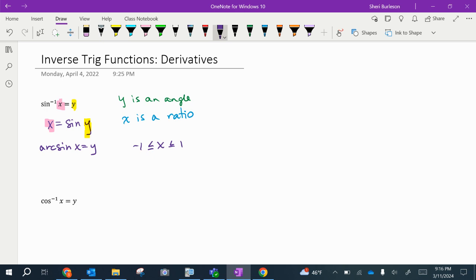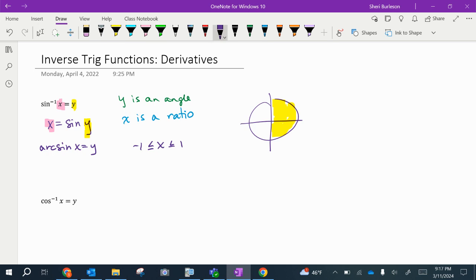And then the range, we had to restrict the domain of our original function to make the inverse sine function actually be a function. So inverse sine only exists in quadrants 1 and 4.